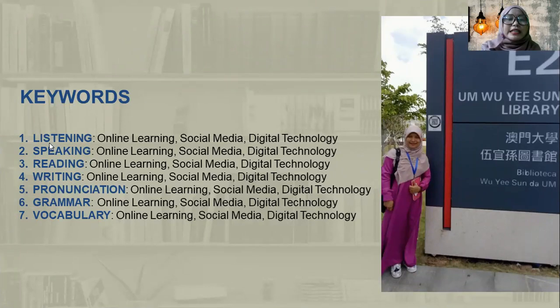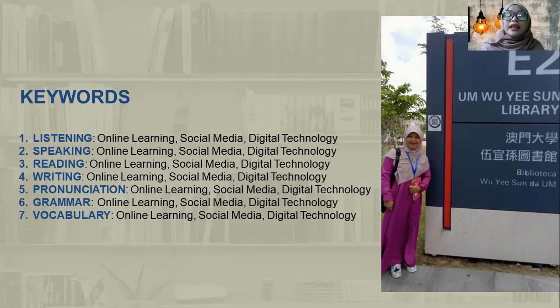The first one is listening, the second is speaking, the third is reading, the fourth is writing, then pronunciation, the sixth is grammar, and the last one is vocabulary. So there are only 7 main skills you're gonna search as the focus of answering the research methods applied in ELT for the last 10 years.